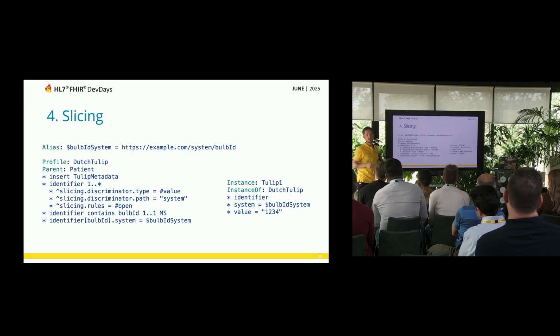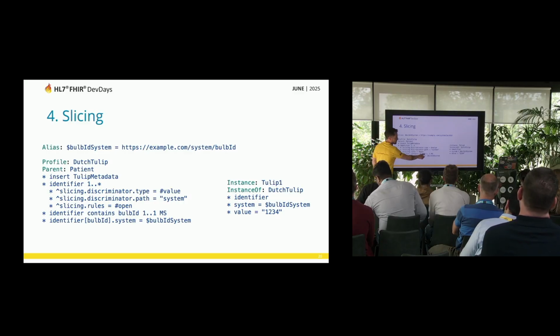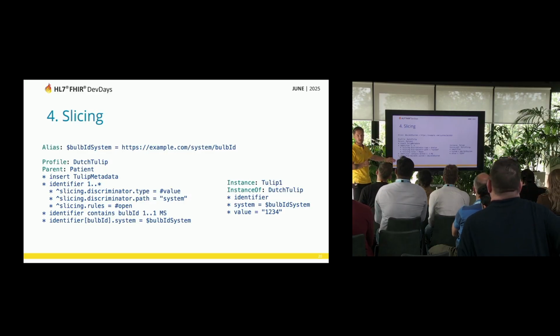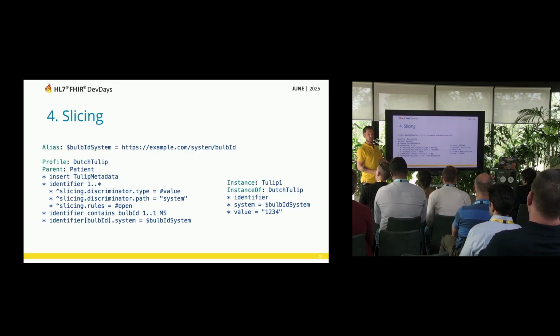Whenever you encounter any identifier in here, validator, with the bulb ID system, then validate it against these rules. There needs to be one, there can only be one, and it's must support. If you get 0, it will throw an error. If you get 2, you throw an error. But if you get any other ones in addition, that's fine. It's an open slicing, you can put more stuff there.